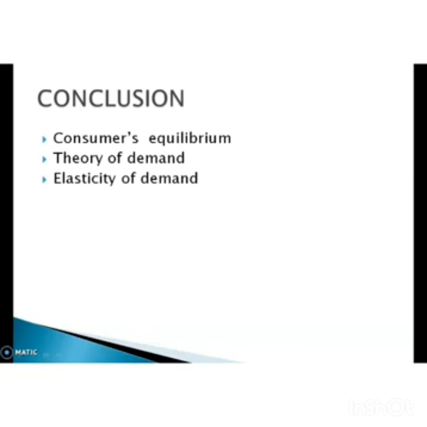In this chapter we have also discussed theory of demand, law of demand, etc. And at last we have discussed elasticity of demand and its measurement. So children, it's a very long and also very important chapter. So you have to study it well.